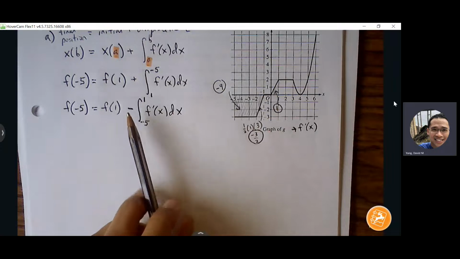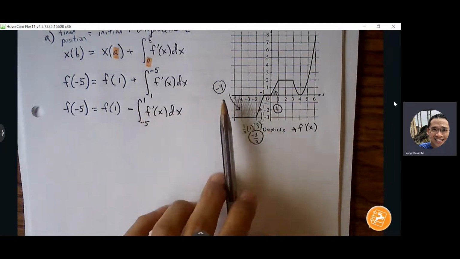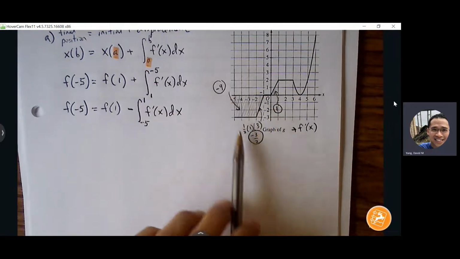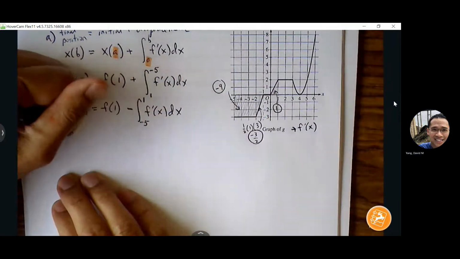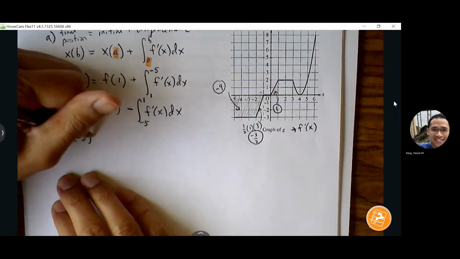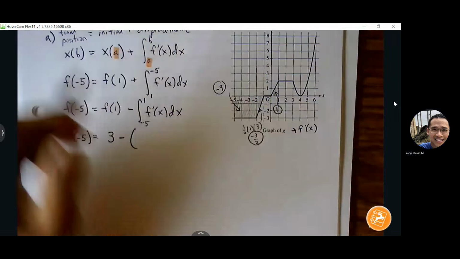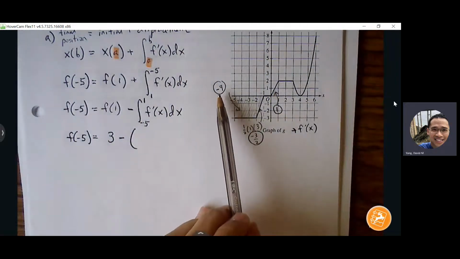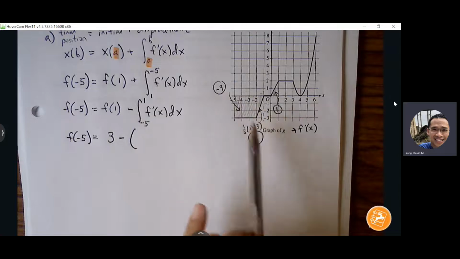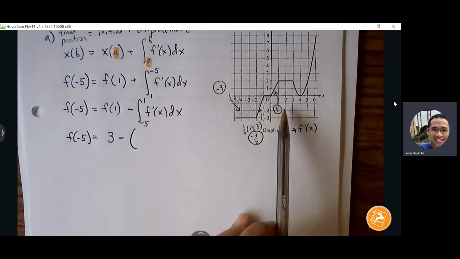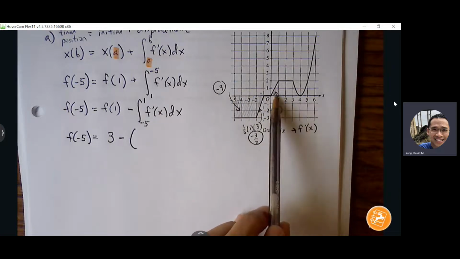I already made my adjustment on the front end, so whatever I see, I can just copy those signs down exactly as I see them. f of 1 is 3 minus parentheses. Let's add up all these numbers in front of us. We have 2 regions below the x-axis, so that's why they were negative. We have a region above the x-axis, that's why it's positive.